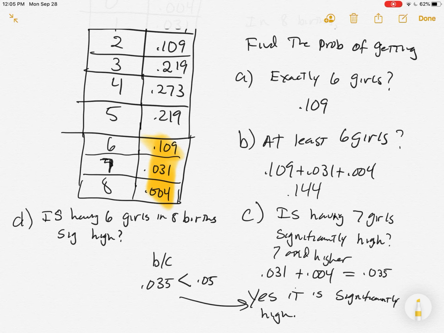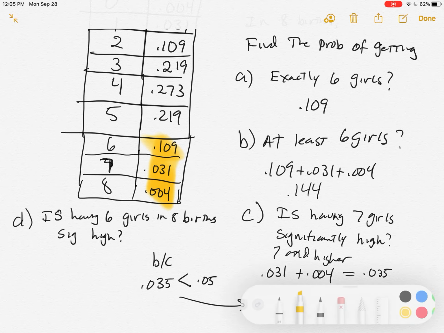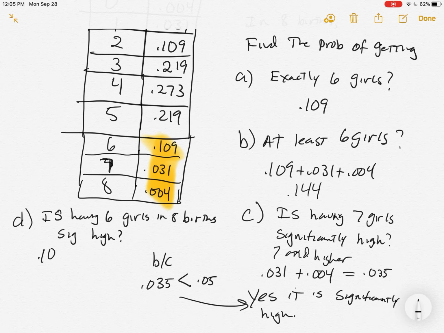And you can see even with 6 being 0.109, so I'll write it out, but you should know right away, 0.109 is already above 0.05, but you could add them up like we did in part B and get the 0.144. 0.144 is not less than 0.05, so no, it's not significantly high. It has a 14% chance of happening. That's not high. That's not significant, right? And therefore, we would not call that significantly high.